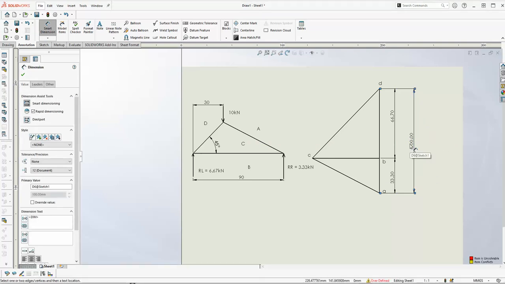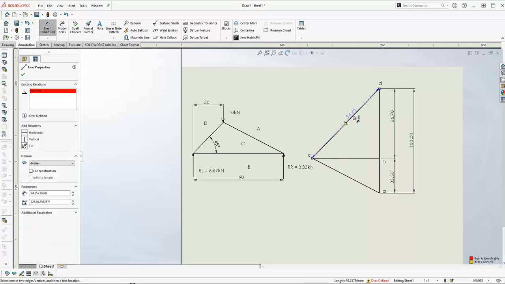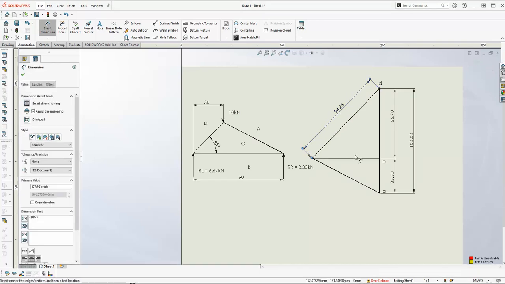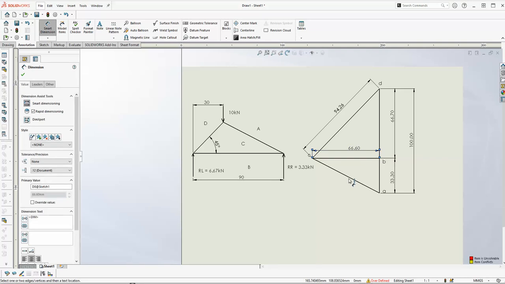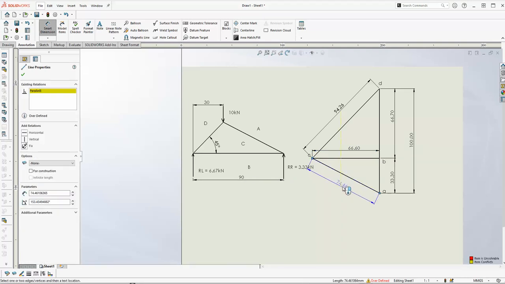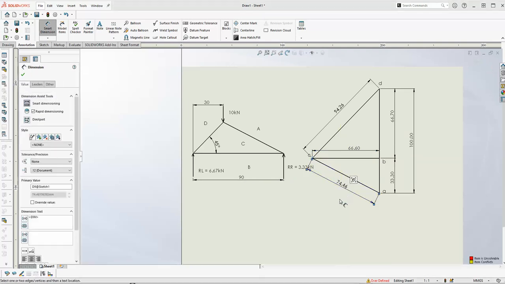Anyway, so that's our 10 kilonewton force, and in this case, it's acting downwards. So that's the Maxwell's diagram created, and if we dimension the other legs of the diagram, we can find out what those forces are.